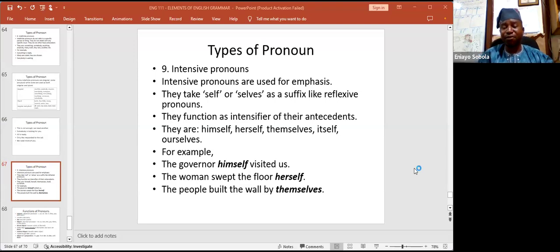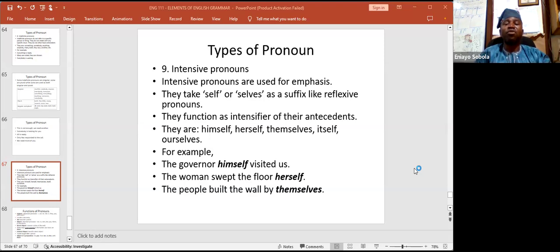Intensive pronouns are himself, ourselves, themselves, itself, ourself. They function as intensifier, unlike reflexive pronoun, which shows that someone acts upon him or herself.